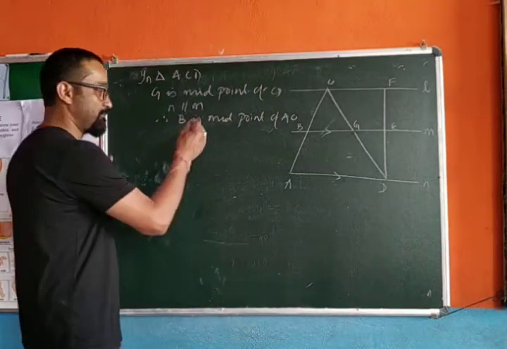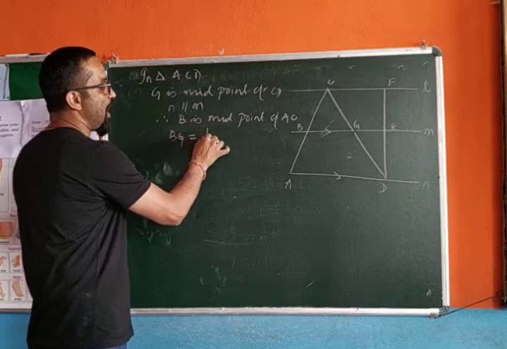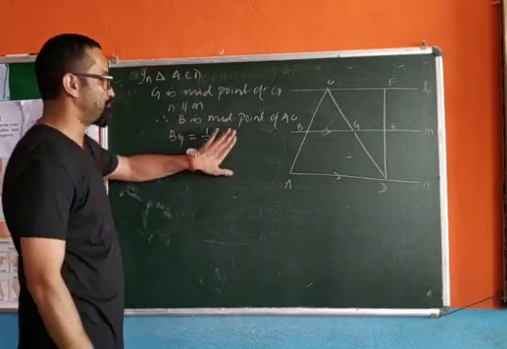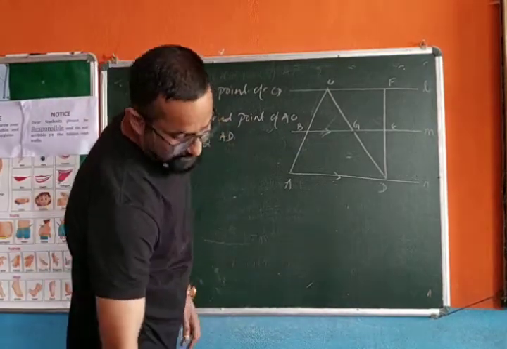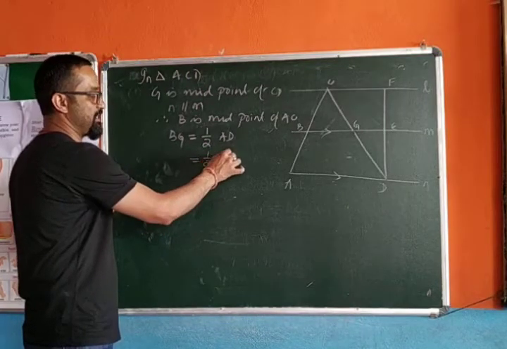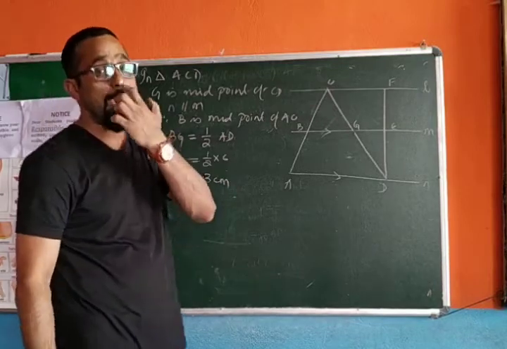Now we write BG is equal to half of AD by midpoint theorem. Length of AD is given in the question. Half into AD, 6, is 3 centimeter. The first answer.